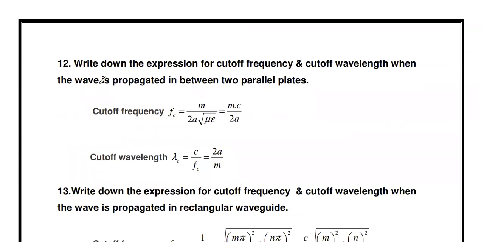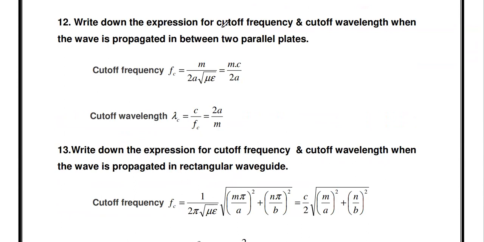Then the next question, write down the expression for cutoff frequency and cutoff wavelength when the wave is propagated between two parallel plates. Already the formulas for cutoff frequency, cutoff wavelength, guide wavelength, phase velocity, group velocity and wave impedance, I gave in a separate video.